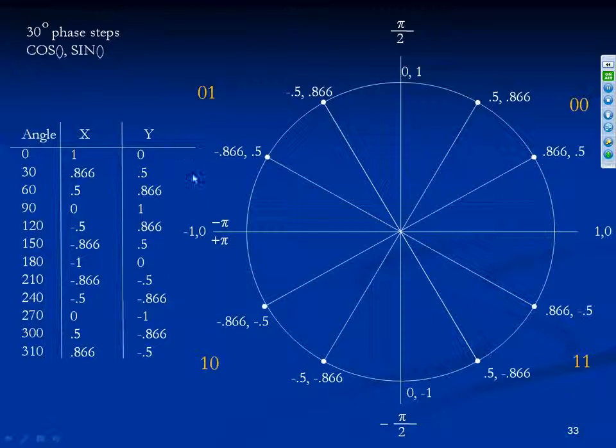Okay, so let's look at some angles real quick. Let's say that our FO over FS caused us to rotate 30 degrees at a time. Here are the positions that we would have, and here are the cosine and sine values that we would have every 30 degrees.